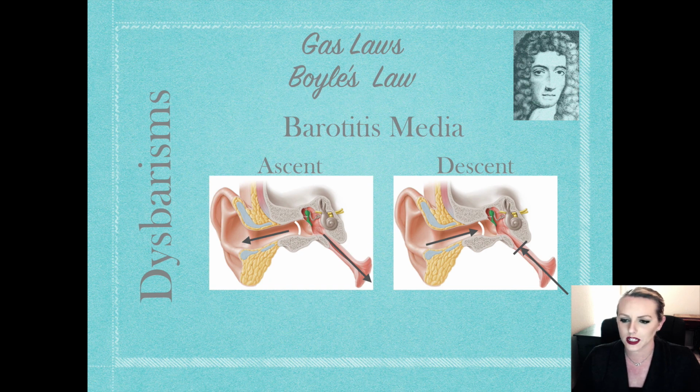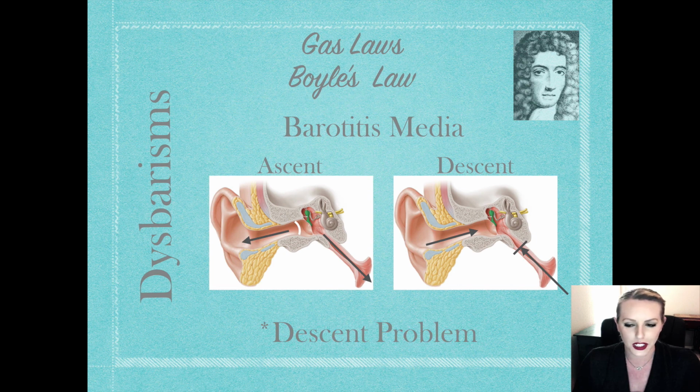It's very difficult to get air back into that middle ear. That's going to cause our eardrum to push like this, and eventually it's going to rupture. So our barotitis media is a descent problem.